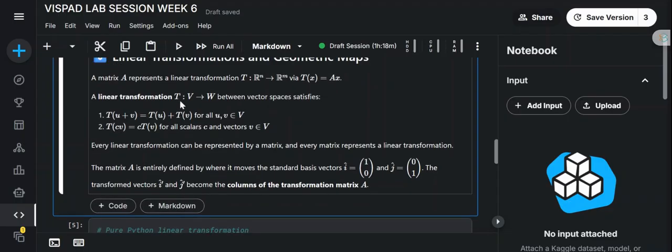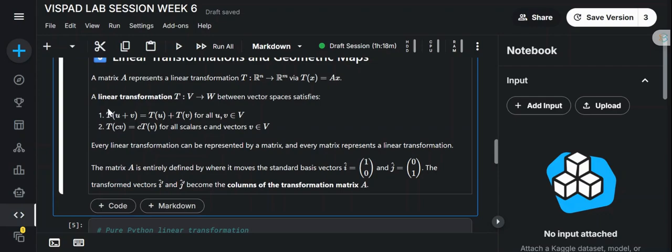Okay, so a linear transformation T from V to W, where V is one vector space and W is another vector space, satisfies certain conditions or rules.